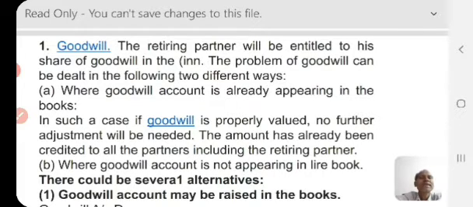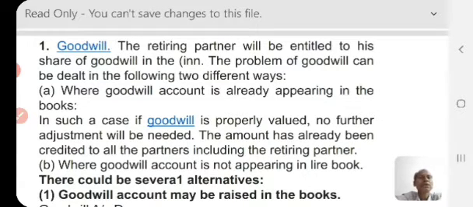The first one is where the goodwill account is already appearing. This is the first case.